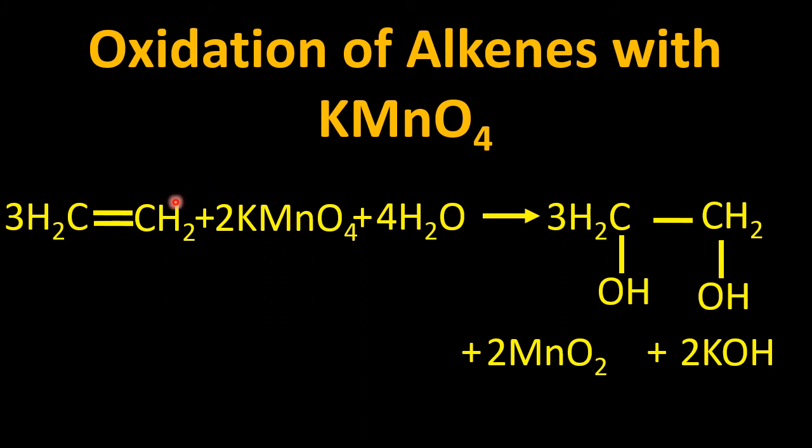For oxidation, the pi bond will break down, and ethene has free electrons available on carbon by breaking down the pi bond. And these free electrons will form a bond with 2 hydroxyl groups, which it takes from water.